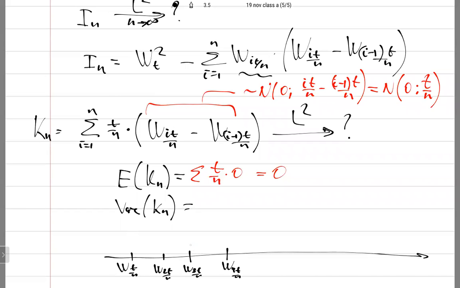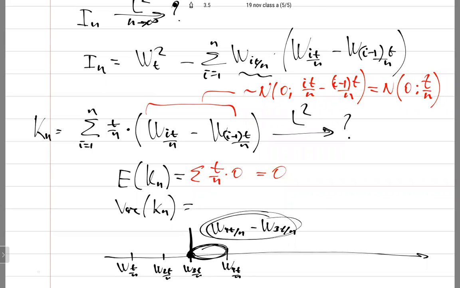And this difference, W4t over n minus W3t over n, if I stay at moment 3t over n, this difference is a future increment.